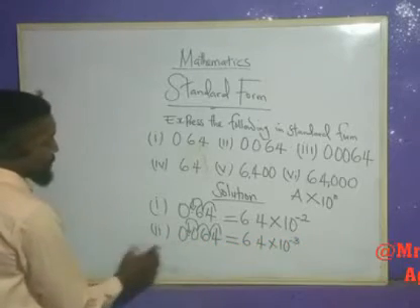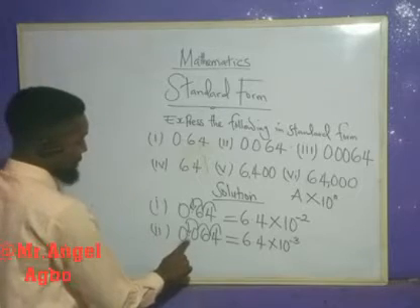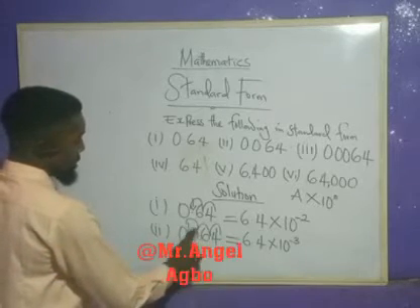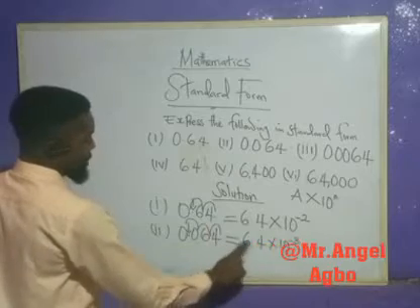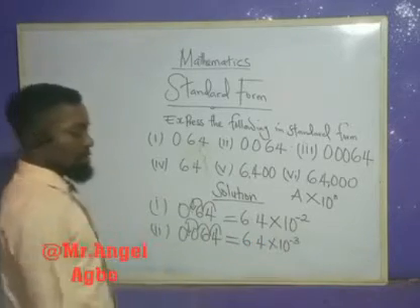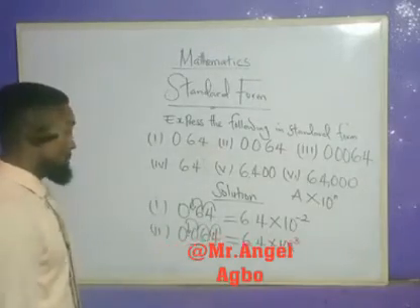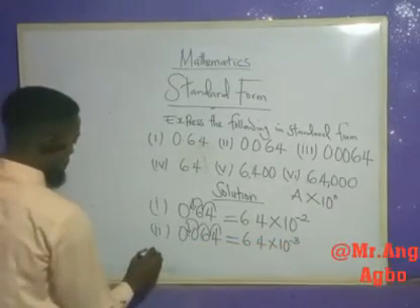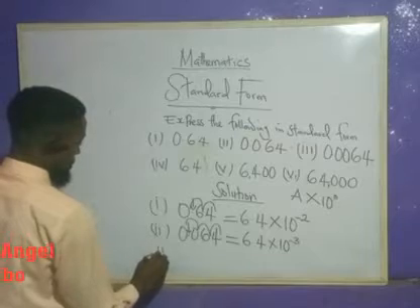You leave the first 0. The decimal point starts from here: 1, 2, and 3. So we have 10 raised to power negative 3. That is just it. Let's go to the third one.